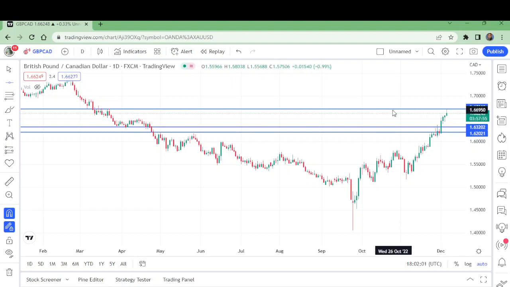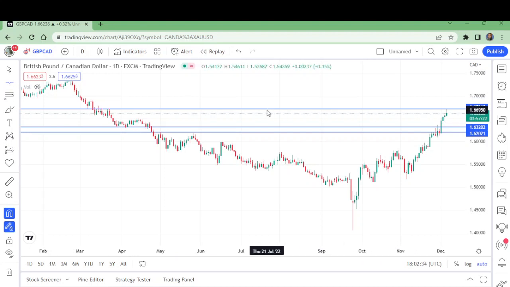Though it will still need to make a downward setup, as I see this market, my experience and my strategy say that this is not the breakout of this resistance. This is the rejection, because for a breakout we needed even a wick above this level, but this is a clear rejection.